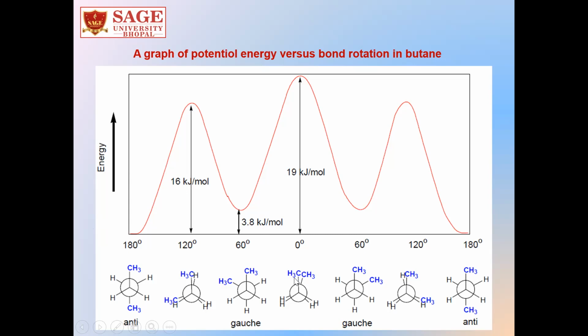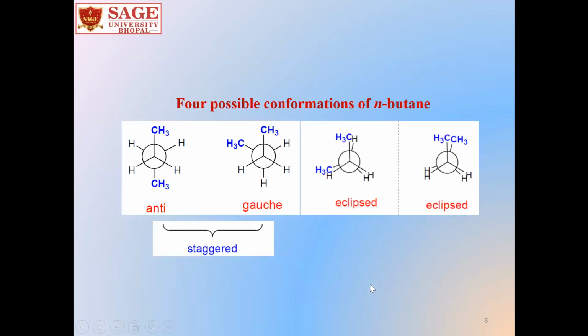The eclipsed conformation where methyls are eclipsed with each other is the least stable, and then comes the eclipsed where methyl is eclipsed with hydrogen, and after that will be this gauche conformation, where the methyl groups are at 60 degree. So this one is most stable, this one is least stable.